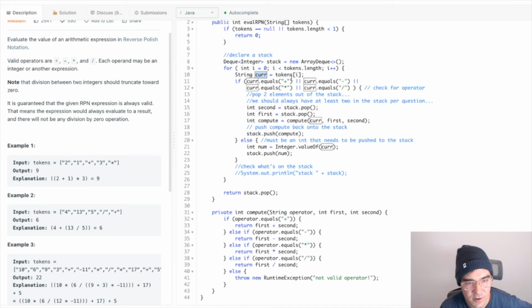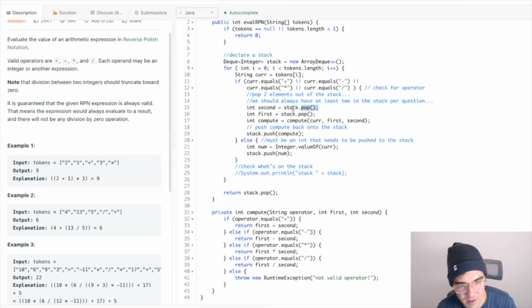So then I grab the current token, and then I do a quick check here to see if it is an operator or not. If it is an operator, then remember from the iPad, we need to pop 2 elements off of the stack. So I pop them off here. The first one I pop off, I named second, because that's the second one that we want to add, just the way that the stack LIFO works.